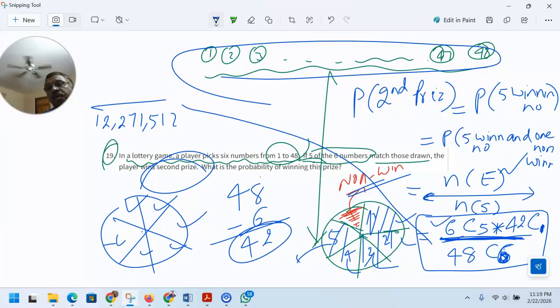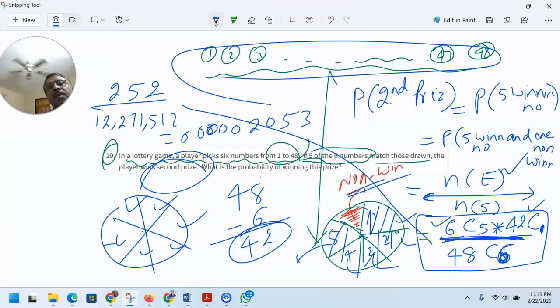And the top, when you put it on the calculator, it is 6 times 42, so you will get 252. And when you divide on the calculator, you get 0.0000 and 253. Okay.